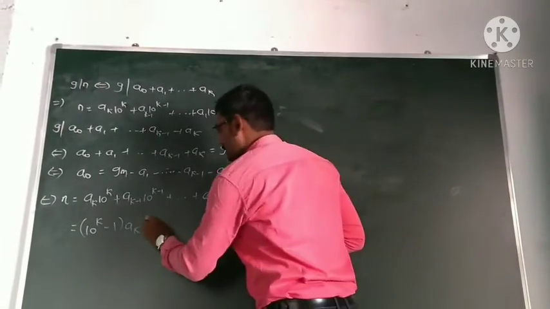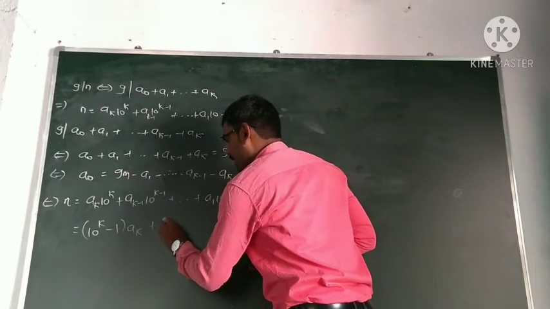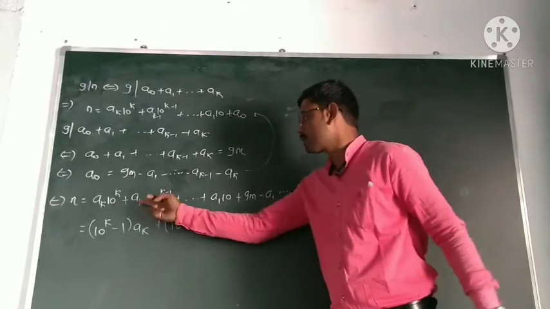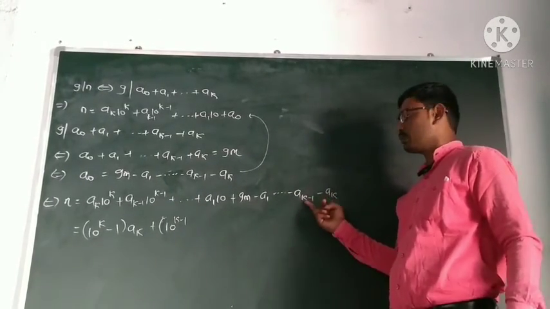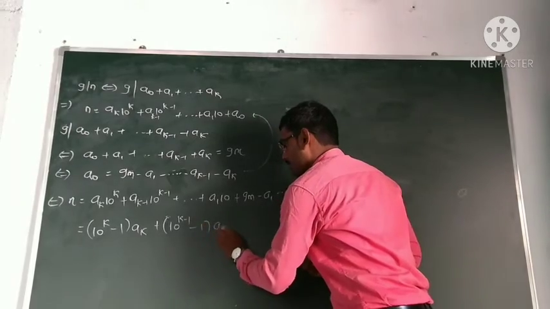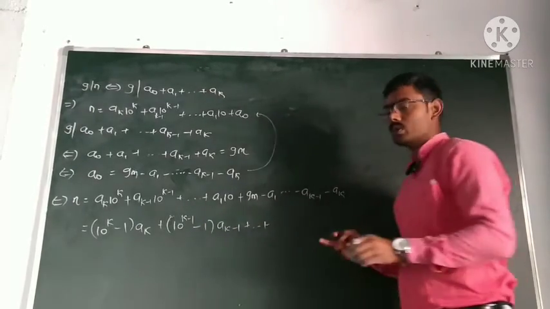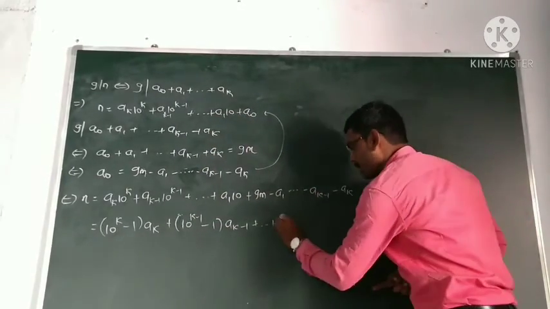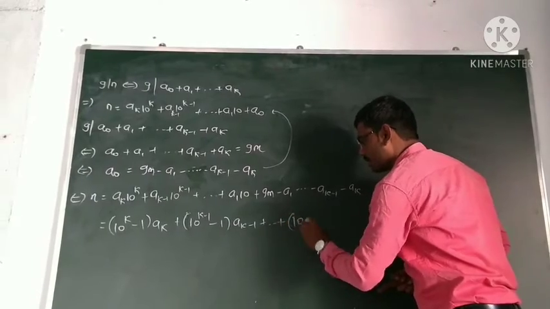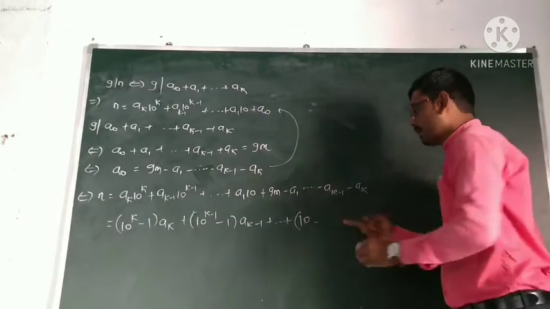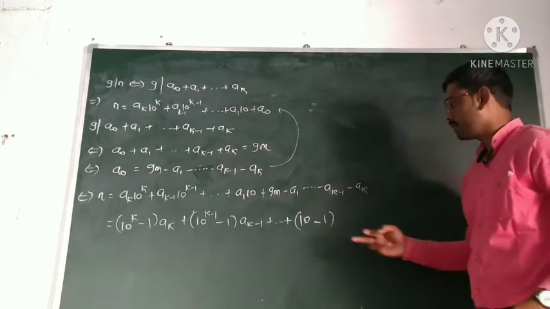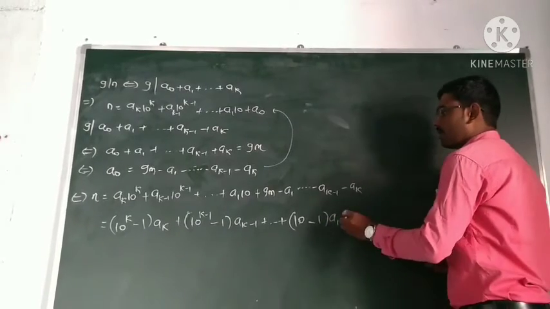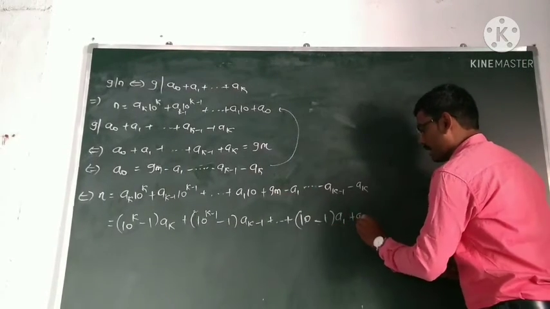Plus again 10 raised to power k minus 1 is common for a_(k-1) and here is minus 1, so minus 1 into a_(k-1), up to and so on. Here is a_1 times 10, so a_1 is common, so 10 is here. Here is only minus a_1, so only minus 1 is the coefficient, so a_1 is common. And at last plus 9 times m.